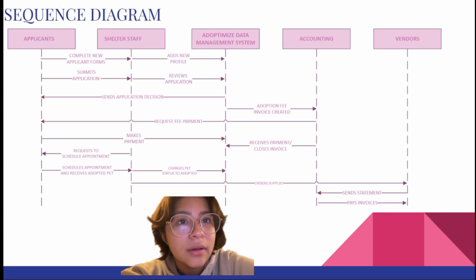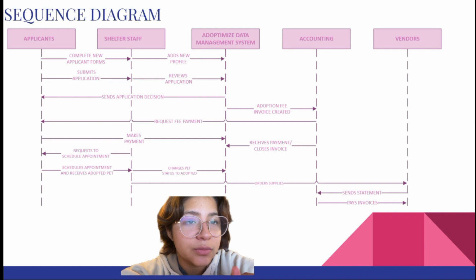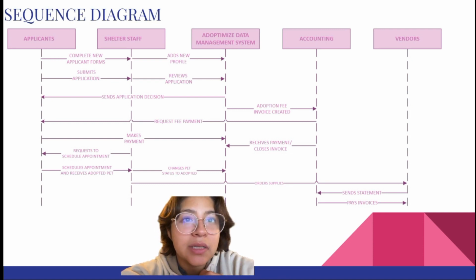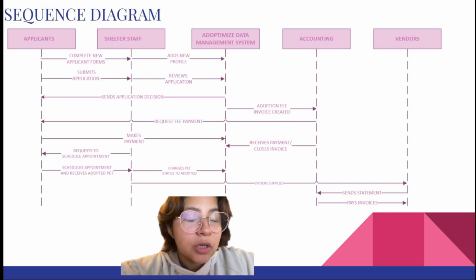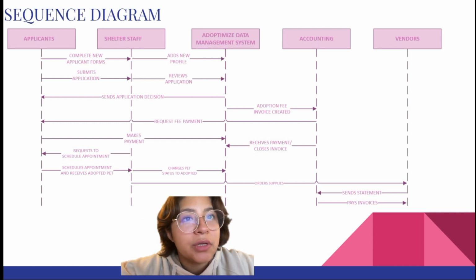They will then put that into the system, and once it shows that it's in the system and they have been granted access to adopt or foster or select any of the different services that the shelter offers, it will then create an invoice for the fees and services, and then accounting will request that fee.